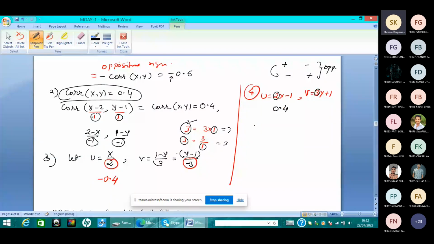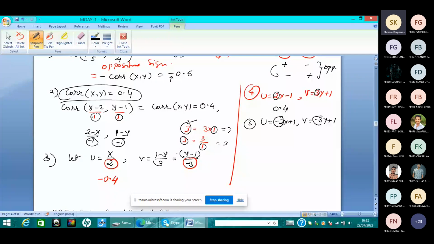Now one more example. Suppose u is equal to minus 2x plus 1, and v is equal to minus 3y plus 1. Let's see. Again, I observe that this is minus and minus.